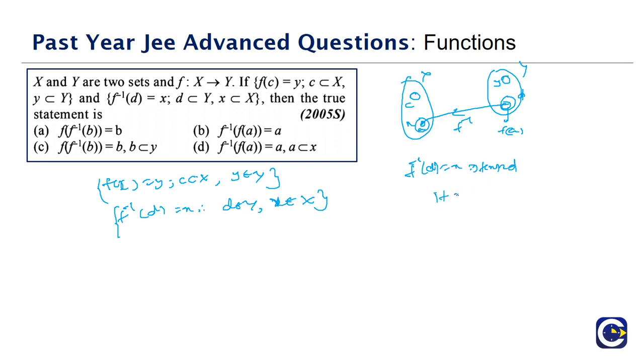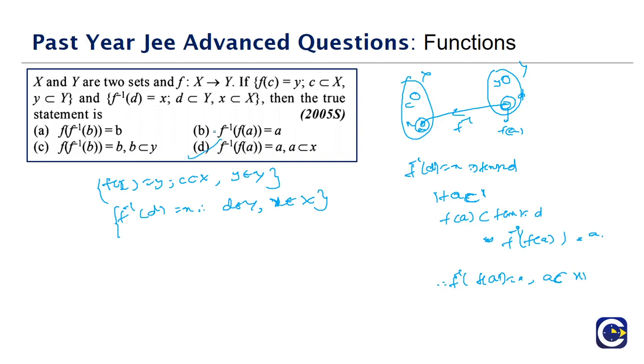Now if a is a subset of X, then f of a is a subset of f of X, which is equal to d, which implies f inverse of f of a is equal to a. So f inverse of f of a is equal to a, a subset of X, is the correct option. So the answer for this question is option D.